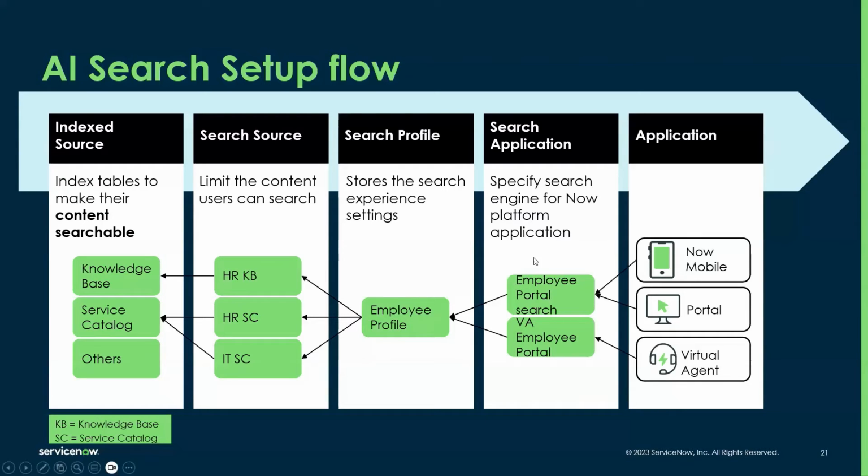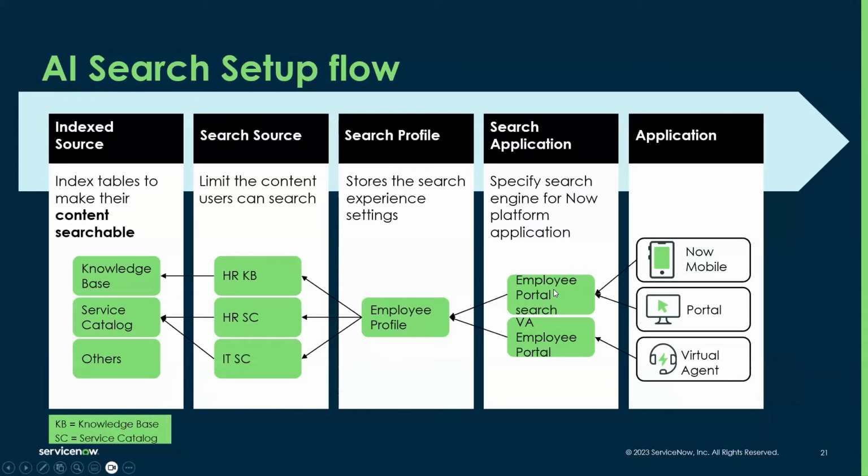The next block is about the search applications. Now that you have configured your profile, filtered your search sources, and have the raw index sources where all the tables are indexed, it's time to start creating applications and attach these profiles to those applications.